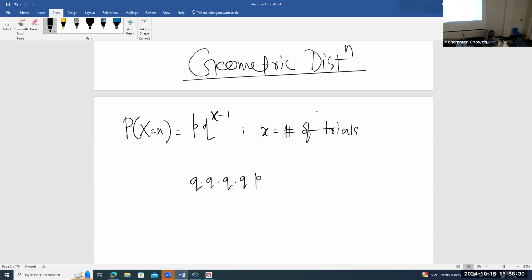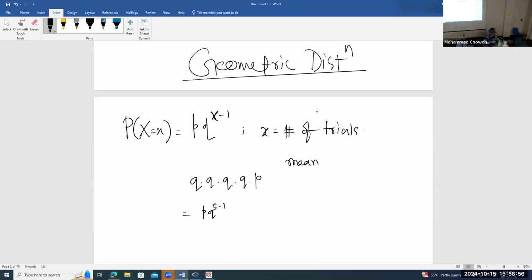Now I want to write it in that format: P times q to the power 5 minus 1. Are you seeing how I wrote it? Again, before going to the problem, let me write the mean.